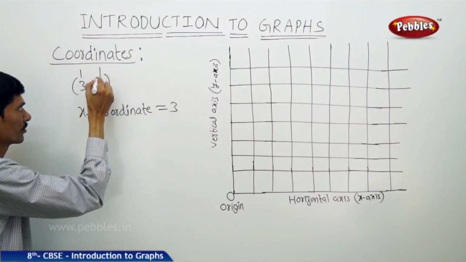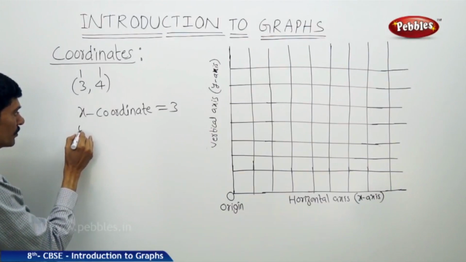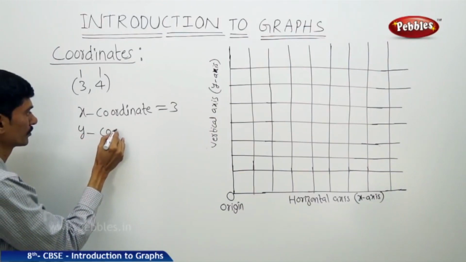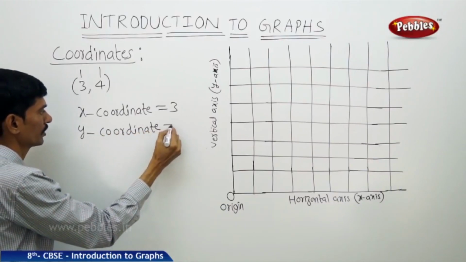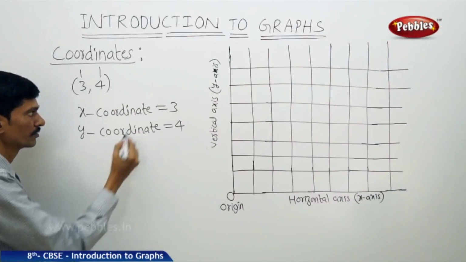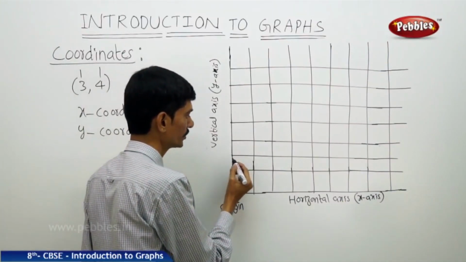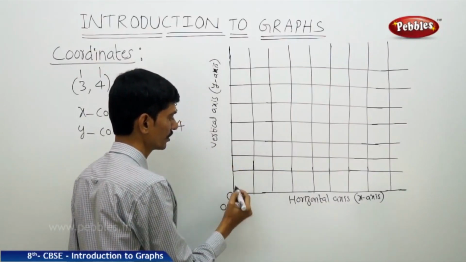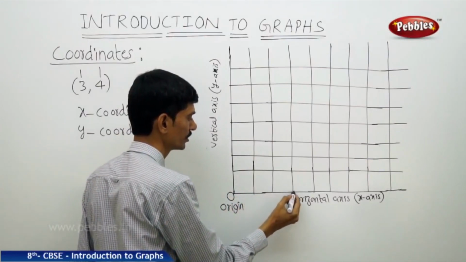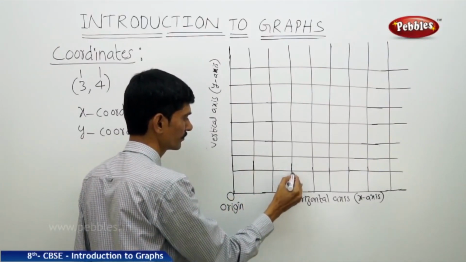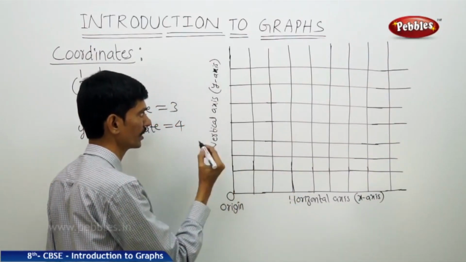And the second number 4 is called the second element or second coordinate, also known as the y coordinate. The y coordinate equals 4. First you consider the x coordinate 3. Consider a point which is 3 centimeters or 3 units away from the left edge. So you can take 1, 2, 3. This line represents 3 centimeters away from the left edge, means from the y axis.